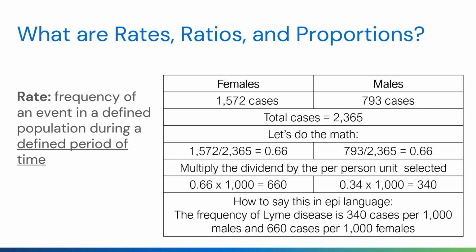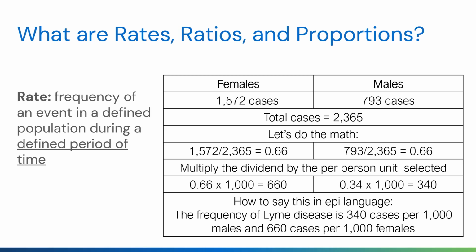Then, because rates are usually expressed per standardized unit of the population, you'll see per 1,000 people, or per 100,000 people is a typical expression for rates. You'll see that the frequency will be expressed in that way. So we're going to multiply, in this case, per person unit of 1,000.